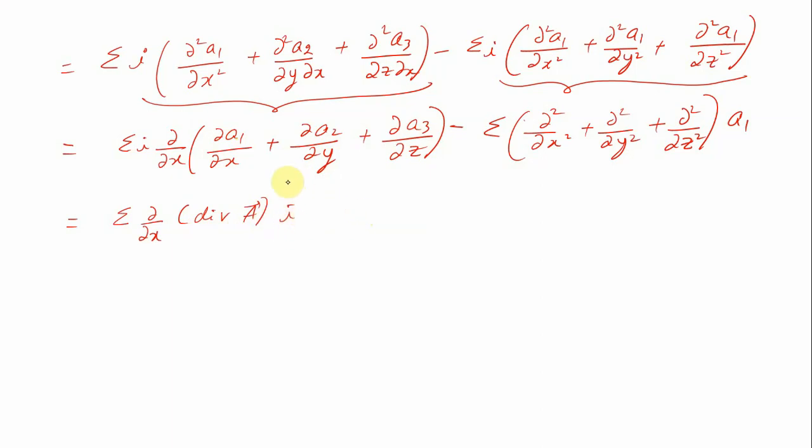So please remember this, friends. This ∂a1/∂x plus ∂a2/∂y plus ∂a3/∂z is the dot product, the divergence of a bar. A bar is a1, a2, a3. So here we get i as it is. So this is the first value.